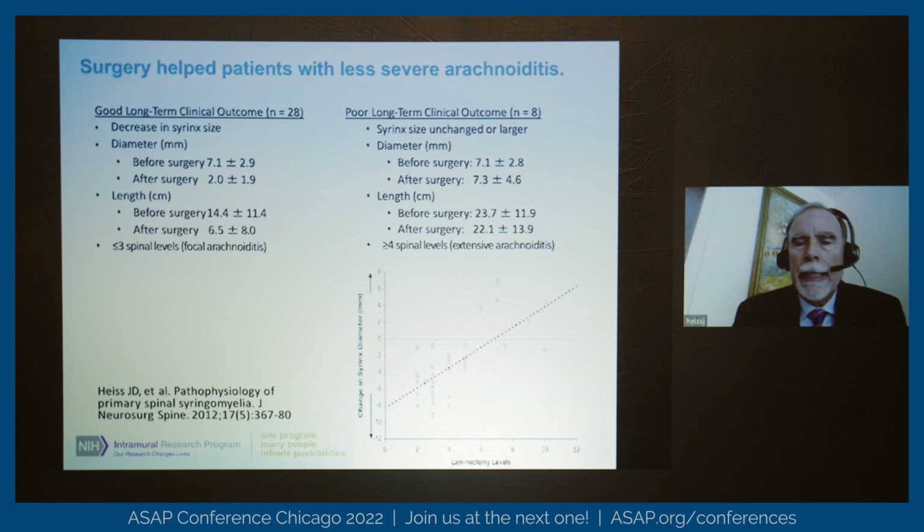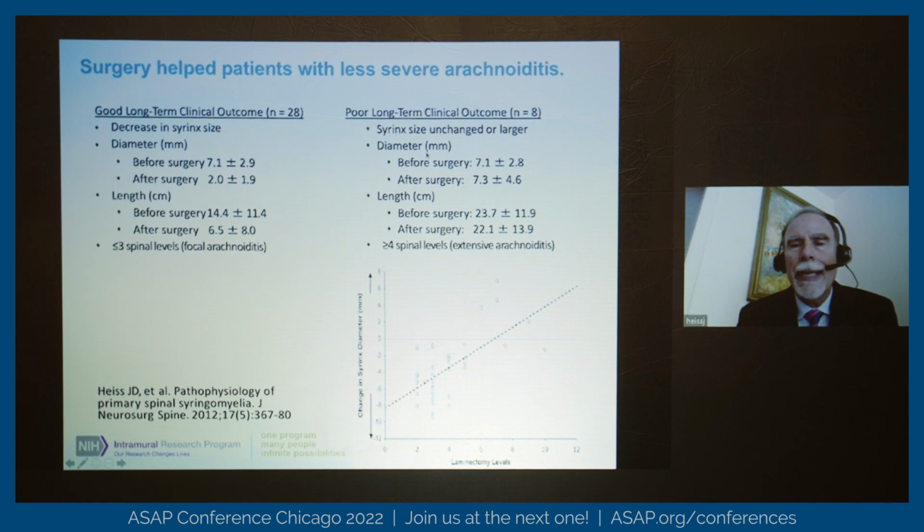We looked at our results, and the people who we thought had a good clinical outcome, there were 28 people like that, and they had a good clinical outcome because they were the same or a little better. And those people all had reduction in their syrinx size and length, and all of them before surgery had less than 3 spinal levels involved.